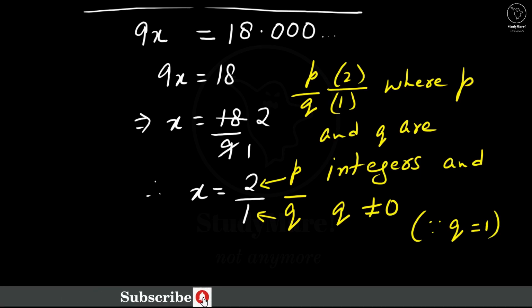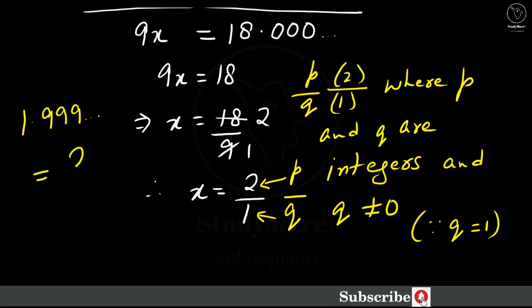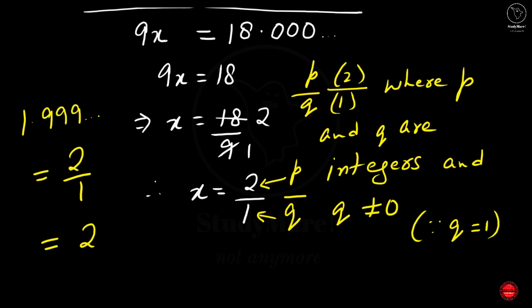So 1.999 and so on is equal to 2 by 1, or simply can be written as 2, which is the final answer. So see how simple it was.